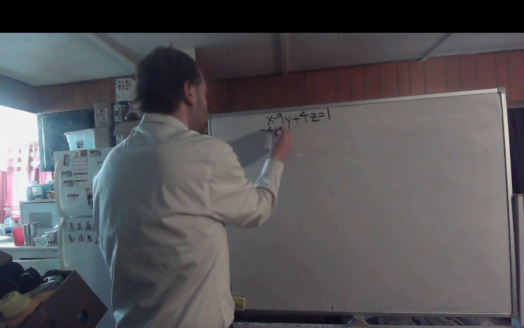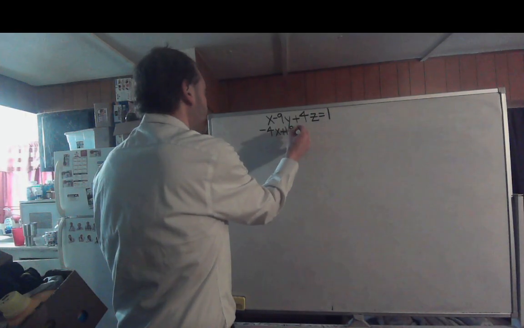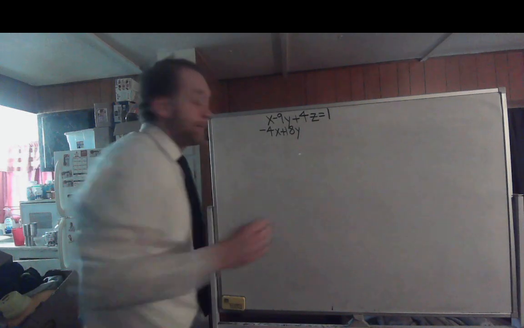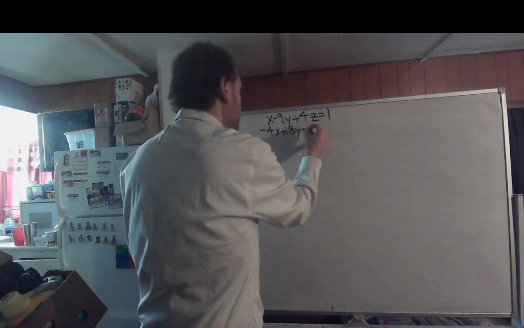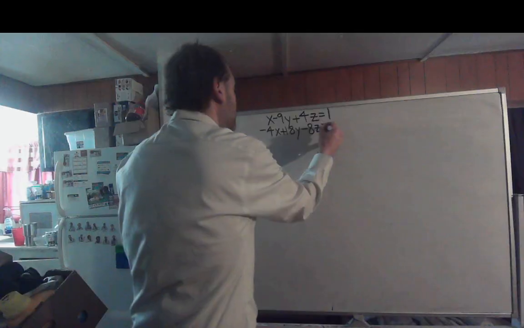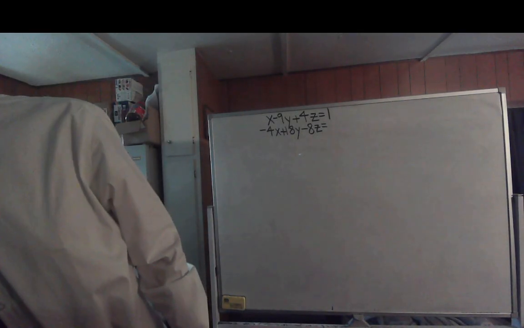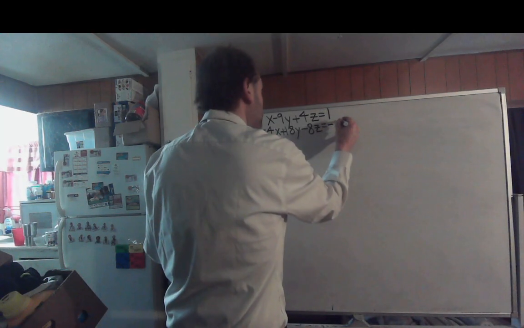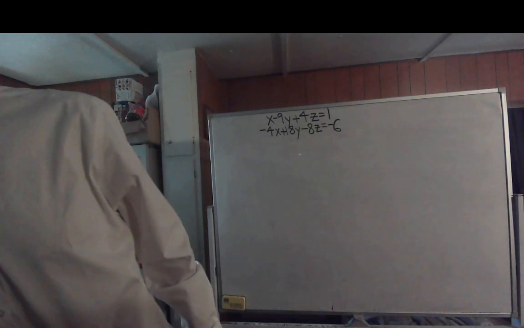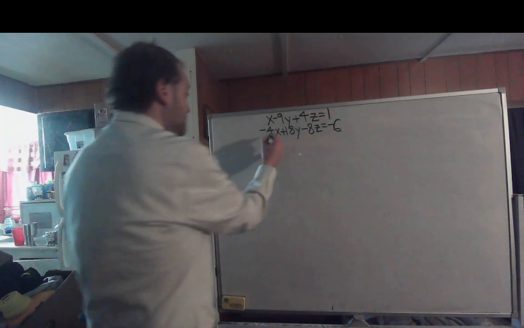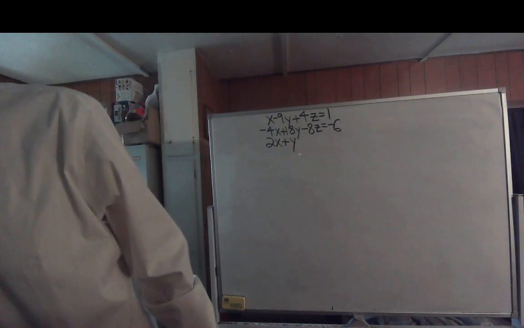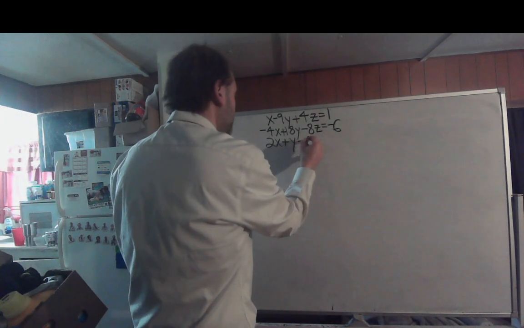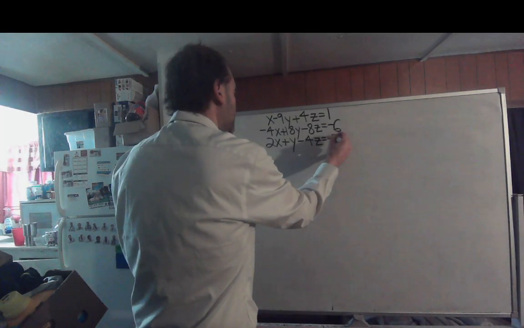Then we have negative 4x plus 18y minus 8z equals negative 6. Then you end up having 2x plus y minus 4z equals negative 3.